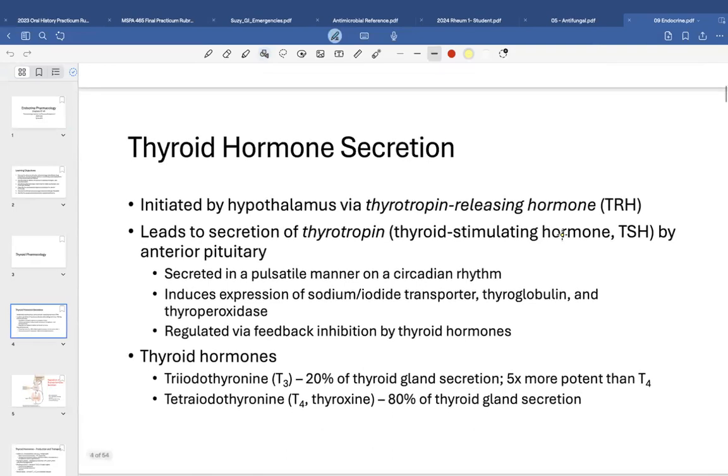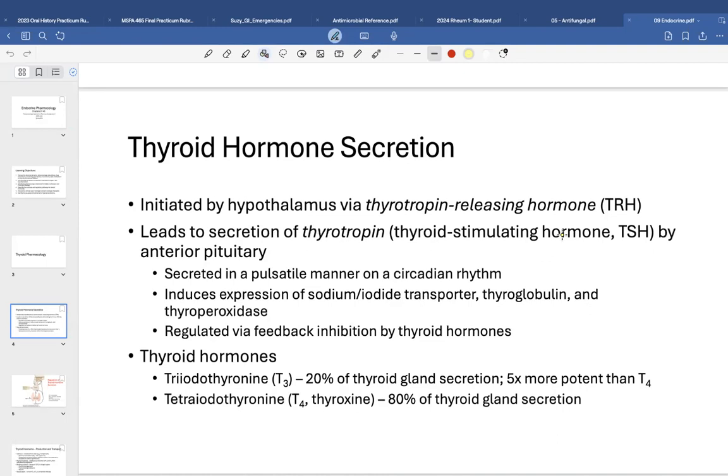Thyroid, as you know, is part of the hypothalamic pituitary thyroid axis. So you have at the top level thyrotropin releasing hormone that regulates pituitary secretion of thyrotropin, which then acts on the thyroid to secrete thyroid hormone itself.